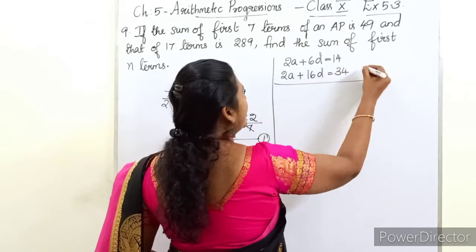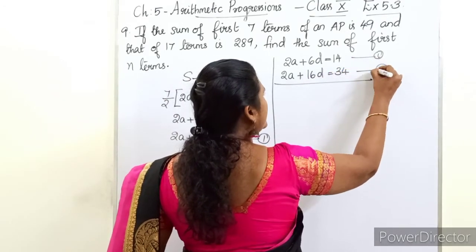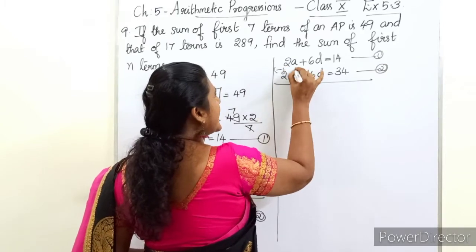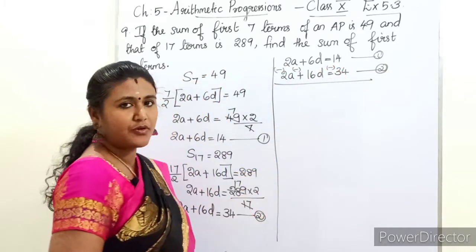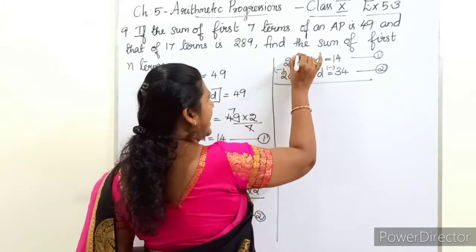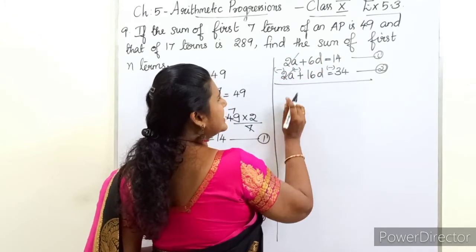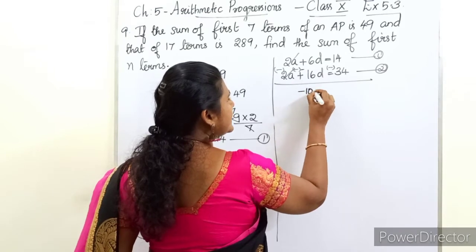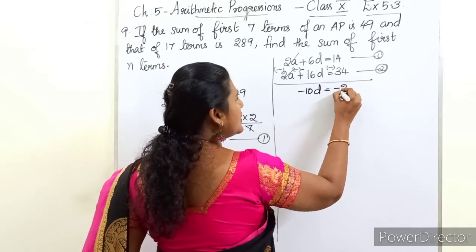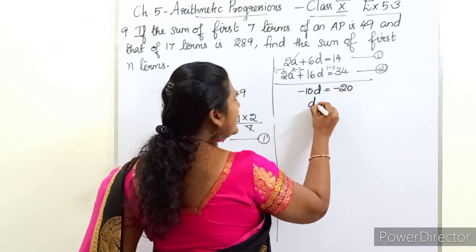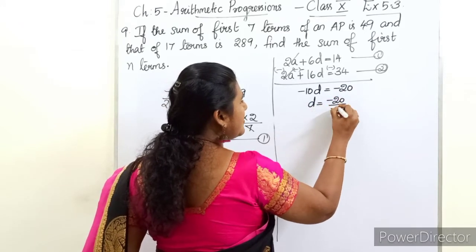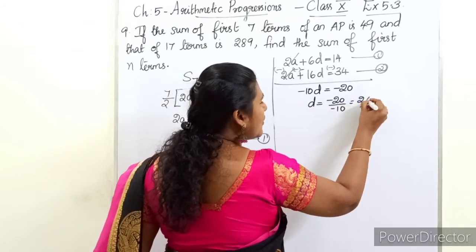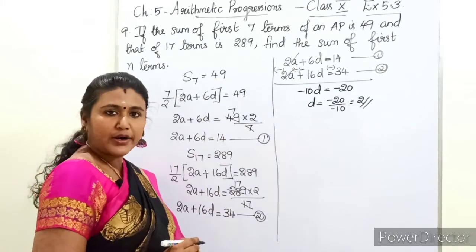We change the sign of each term of the second equation and then add. So 2a will get cancelled. Then 6d minus 16d, that is minus 10d, is equal to minus 20. So d is equal to minus 20 by minus 10, which is 2. So the value of d we got is 2.